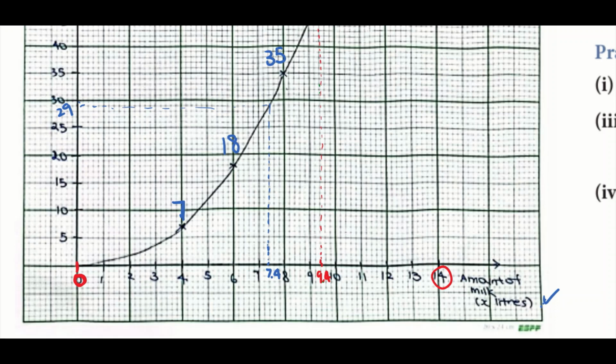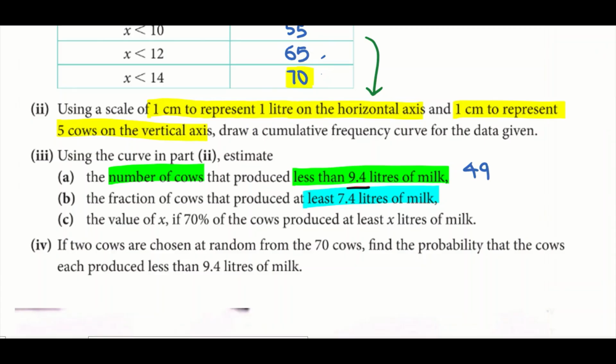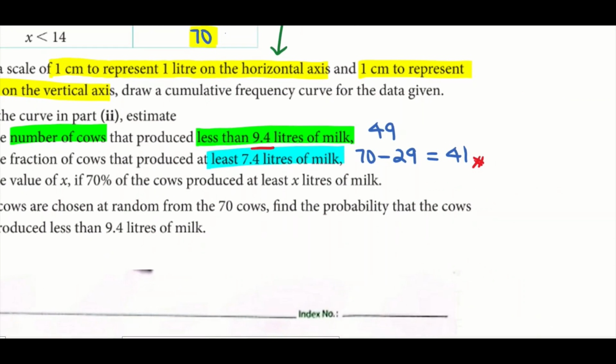But I want at least 7.4, so it must be more than 7.4. So I'm going to take the total minus 29. Total 70 cows minus 29 is 41. But then find the fraction, so I will take 41 divided by 70 to get the answer. This tallies with the textbook.